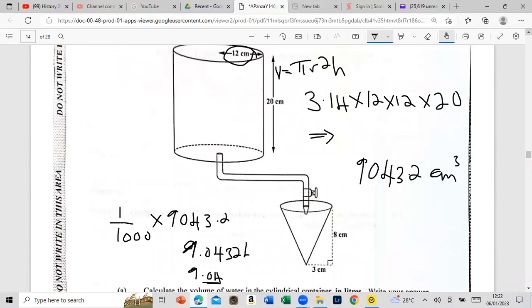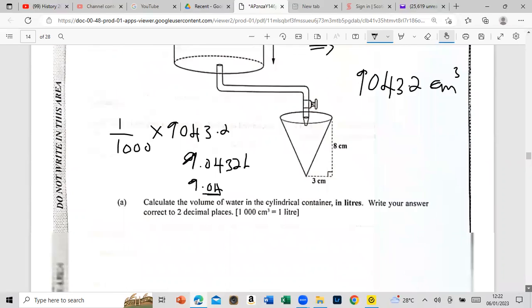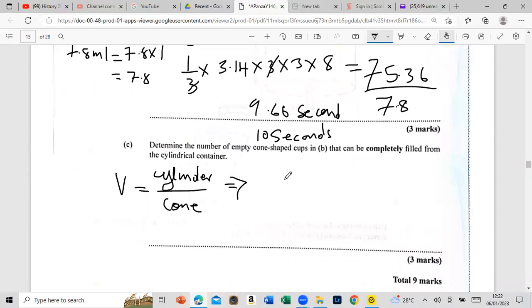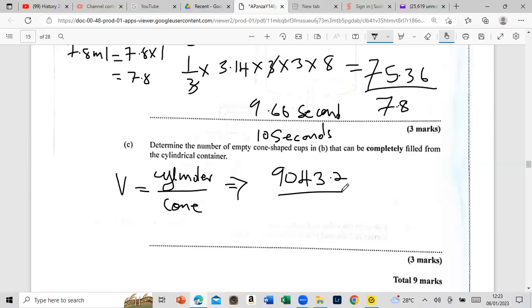The cylinder volume was 9,043.2, and the entire cone was 75.36. These were the 3 marks, because if you didn't work out that, it wouldn't look so easy. Let's see how many of them fill from it.